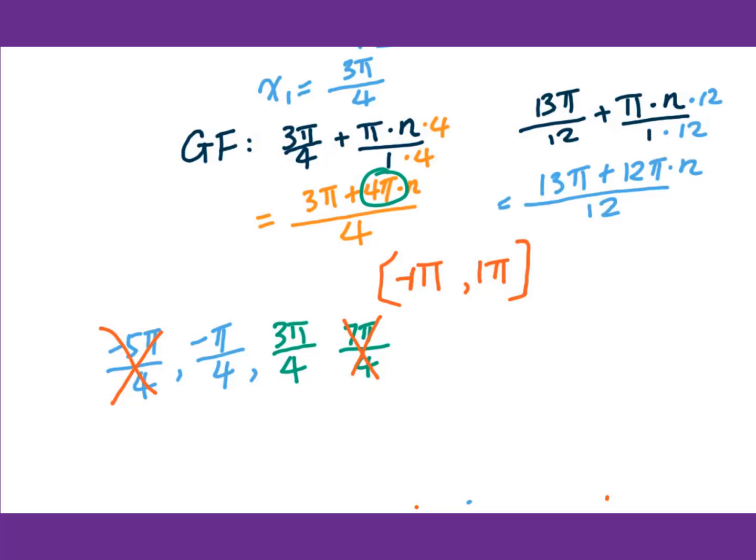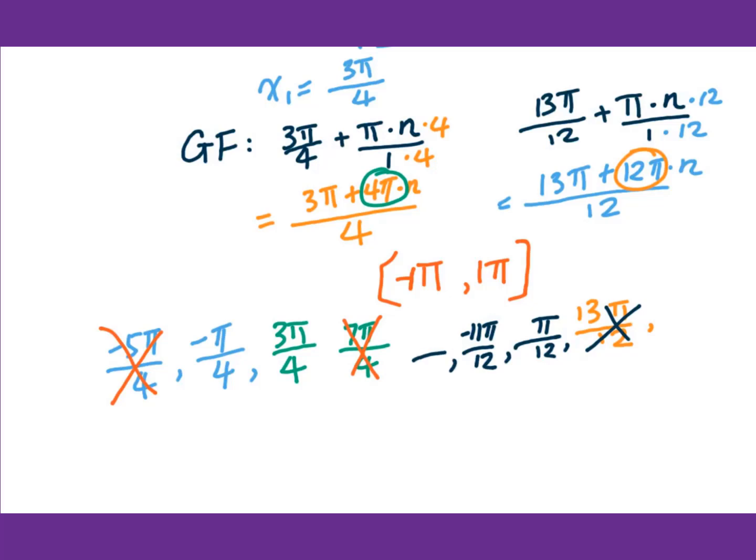For this part, we got 13 pi over 12. I need to keep adding 12 pi. Since 13 pi over 12 is already out of this domain, I cannot add 12 pi anymore. I need to subtract 12 pi. That's 1 pi over 12. Subtract 12 pi, that's negative 11 pi over 12.